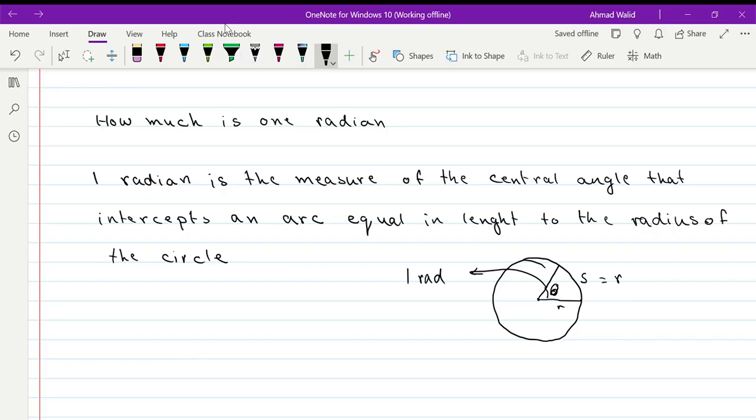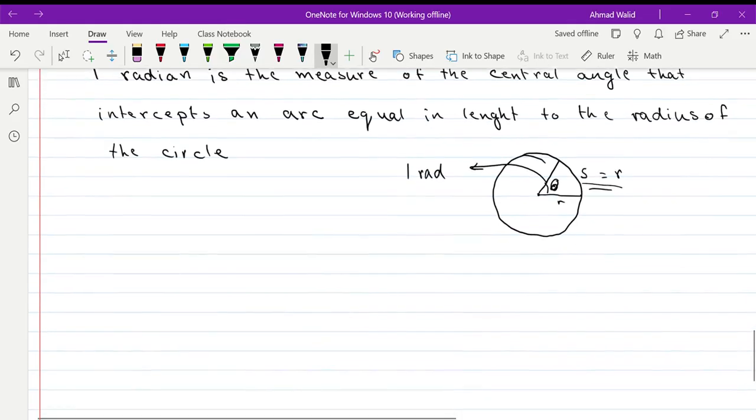When can you call it 1 radian? When the length of the radius and the length of the arc, which is created by two radius, are equal to each other. You call this one 1 radian. Correct? And you know the measure of 1 radian, which is 57.3 degree.